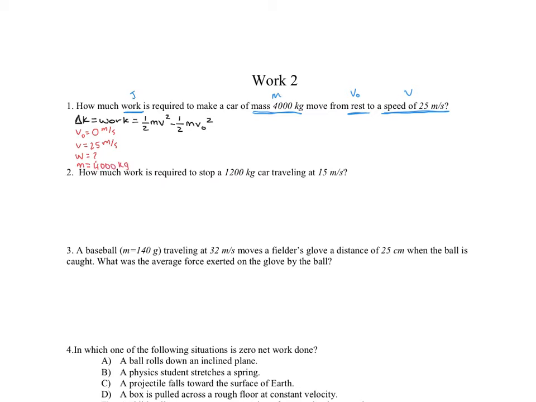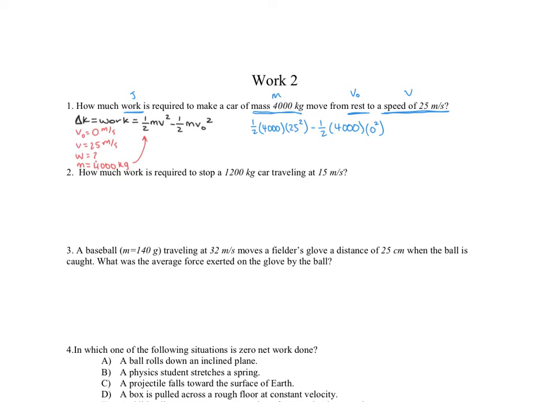So let's just go ahead and plug this all into our big equation here. So when we plug it in, we get 1/2 times 4,000 times final velocity squared, so 25 squared, minus 1/2 times 4,000 times 0 squared.